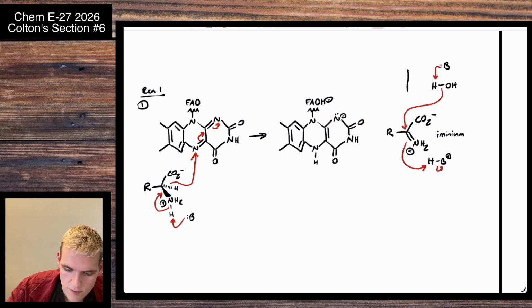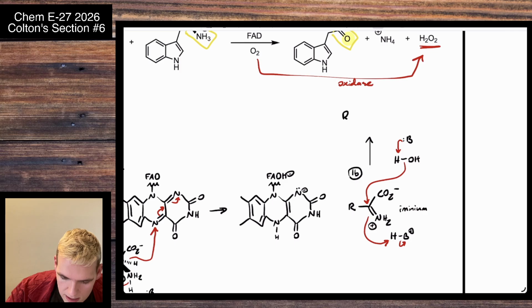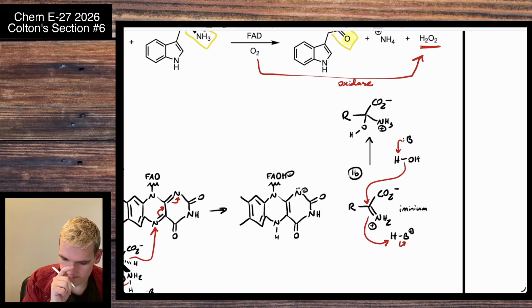And this was our step 1B here, the kind of additional step for an MAO. That is going to make CO2 minus. We now have an OH that is added. And then we have an NH3 plus.